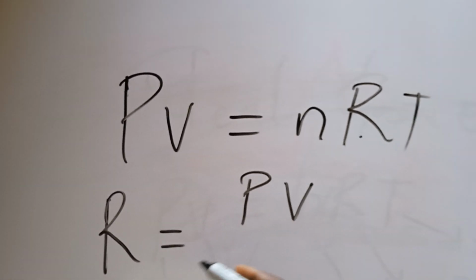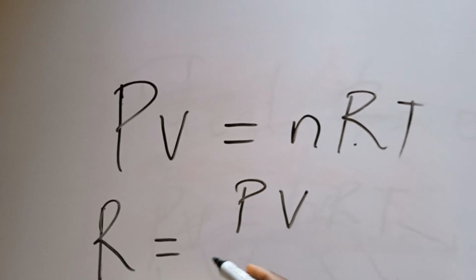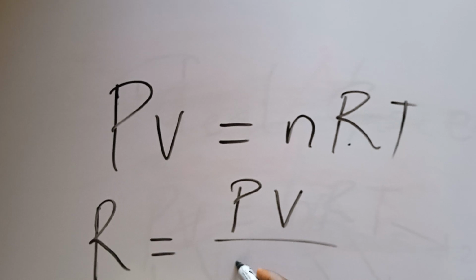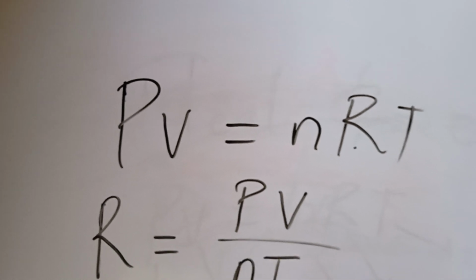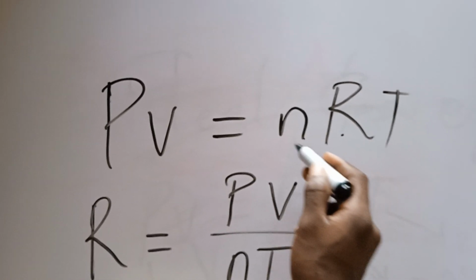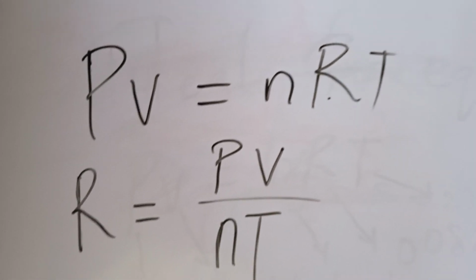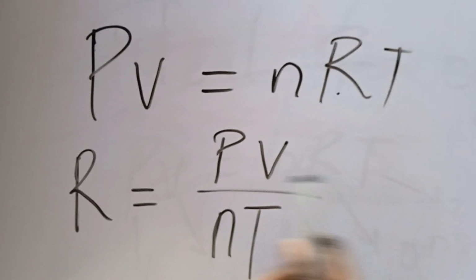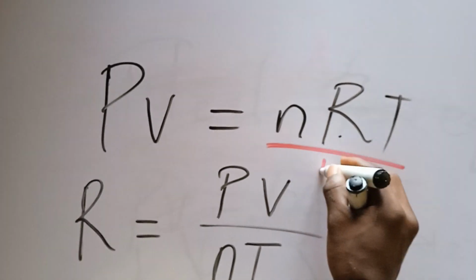If we make it the subject of the formula, it simply means that this will now be PV all over nT, because you divide both sides by the coefficient, which is nT.